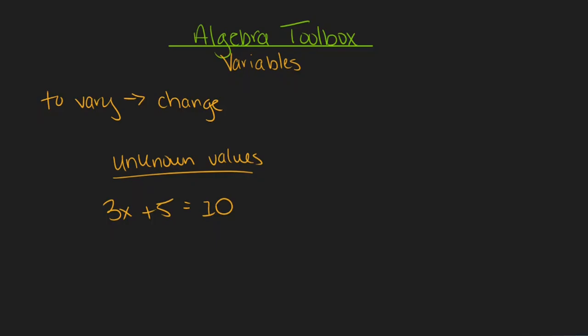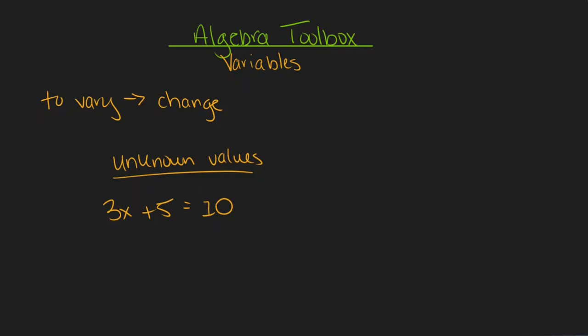Because we have a comparison point here, we can actually find what that value should be. We can find the number that x is representing. So this is a situation where we use a variable as a placeholder until we're able to find what number that variable should represent.